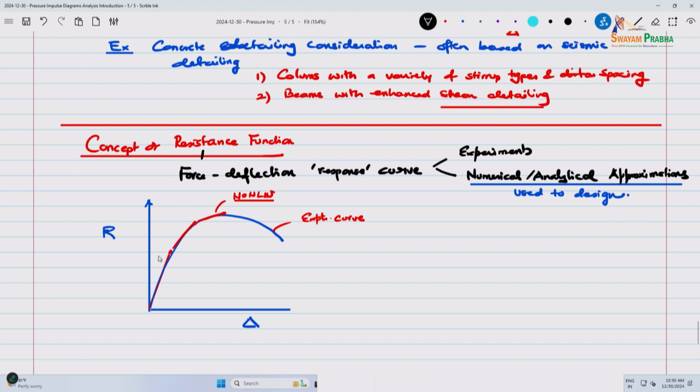Non-lin gives you this resistance point, P naught. So, we will be using non-lin for all our examples.